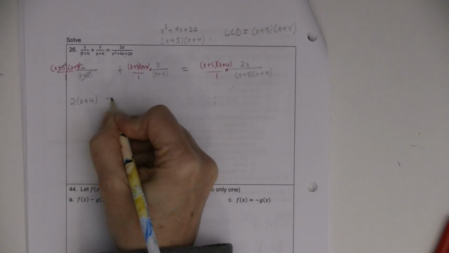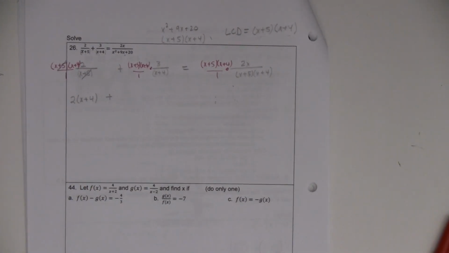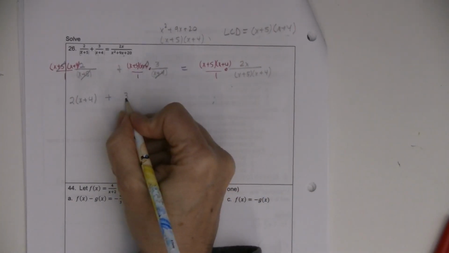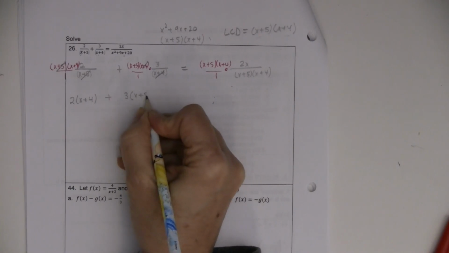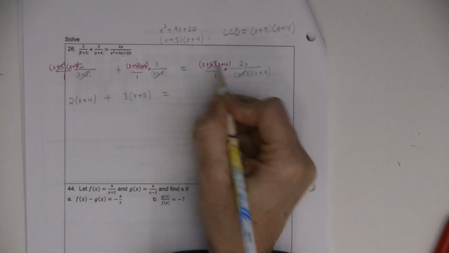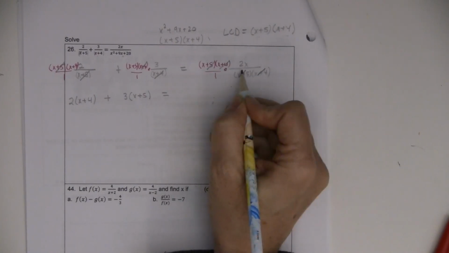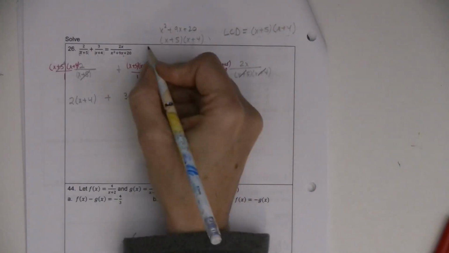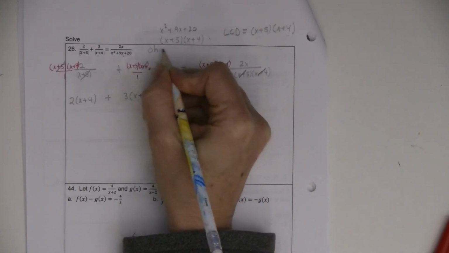And I'm going to need to distribute that, and if you wanted to go ahead and distribute that before writing it down, you could. X plus 4 and x plus 4 leaves 3 times x plus 5. I write the monomial first because that's what I'm used to. And then x plus 5 and x plus 5 and x plus 4 and x plus 4, leaving just 2x on that side.